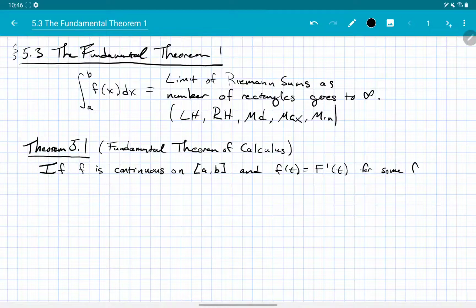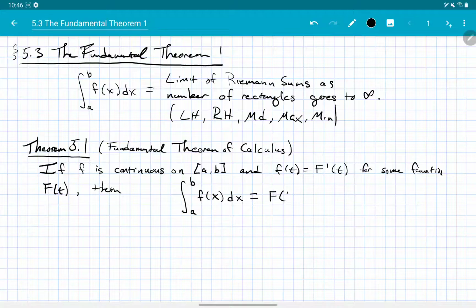For some function, capital F of t, then the integral from a to b of the function little f of x dx, t is a dummy variable, is capital F at b minus capital F at a.